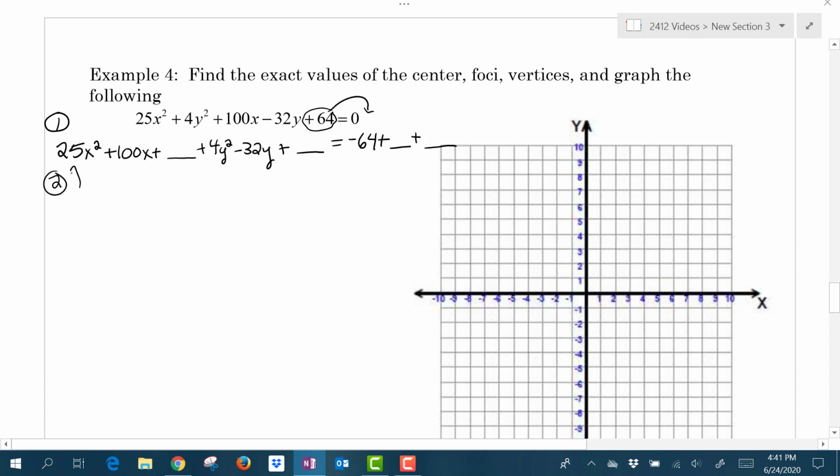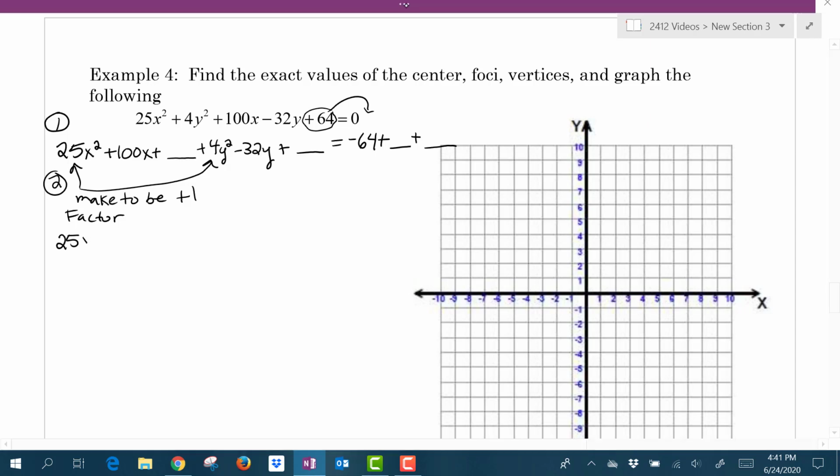Step two, we want to make sure that what's in front of the squared terms is 1. So it has to be a positive 1. So in order to do that, we're going to factor out the number that's in front of x squared and of y squared. So from the first group of x terms, I'm going to factor out a 25.